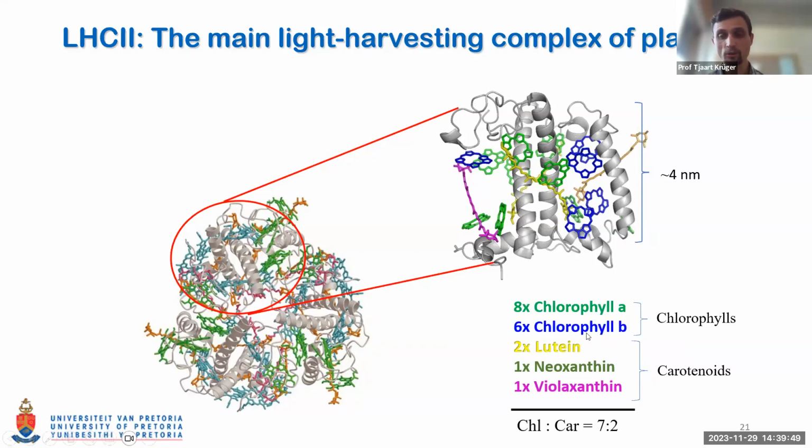Okay, so we have 14 chlorophylls and 4 carotenoids. So the chlorophyll-carotenoid ratio is 7:2. Not particularly high, but each chlorophyll is adjacent to a carotenoid. So as soon as it's excited and the triplet state is accessed, carotenoid can then act to either quench the triplet state or to interact with singlet oxygen.